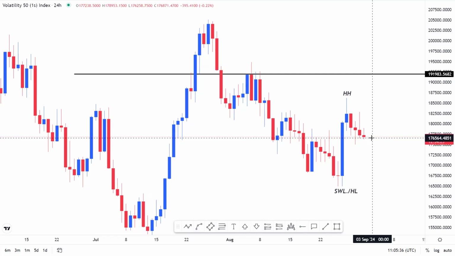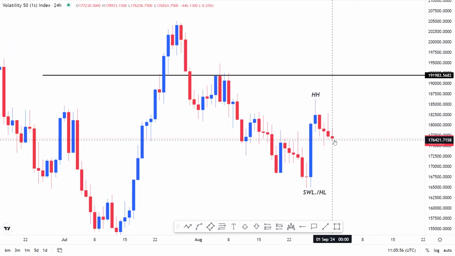Now, very quickly, we would go a step further to identifying a perfect area of interest on the Volatility 51S index right here. If there is anything that is worthy of note, guys, it would be the fact that I am only looking for areas of interest within a certain price range. What do I mean by this?